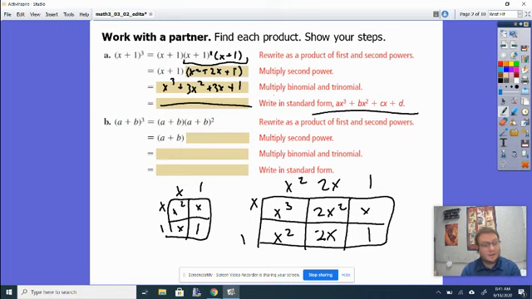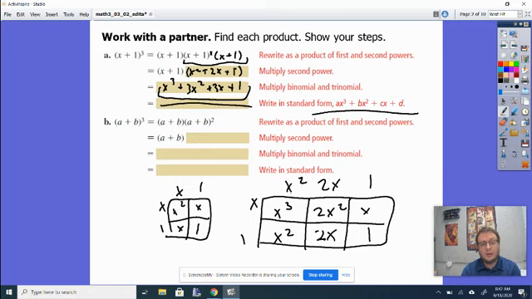So the idea here is we're going to take those, and we could do this any number of times. We could do it 4 times, 5 times, 6 times. But once we start getting to 4, 5, and 6, this starts taking a while because you're having to do the box several times, and the box is getting bigger each time because now I have a 4-term polynomial, right? And so the next step would be a 4 by 2, and then a 5 by 2, and then a 6 by 2, and it just keeps getting bigger and bigger.